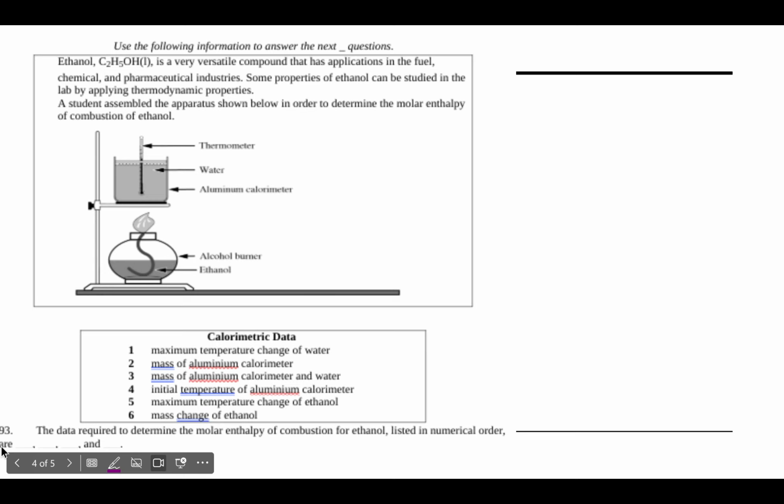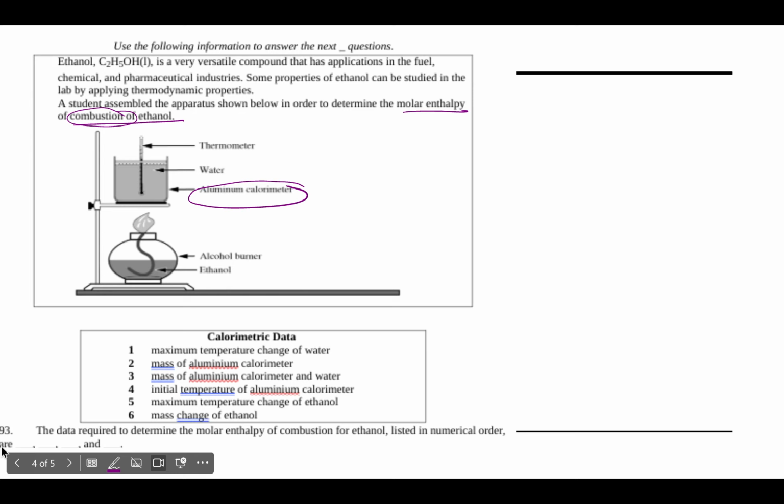So here we have ethanol, and some information about it, and then it tells you we're going to find the molar enthalpy of combustion of ethanol. So the fact that it says combustion, we are implying bomb calorimetry. The bigger indication here is that we have an aluminum container. So now we have a container that can also absorb heat.